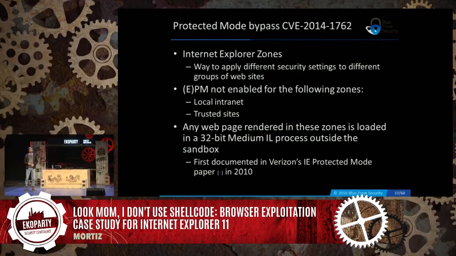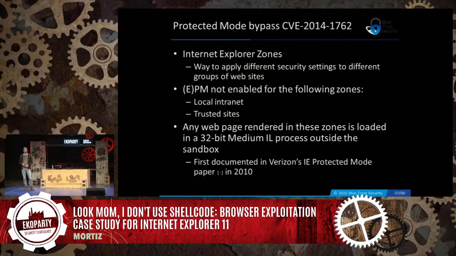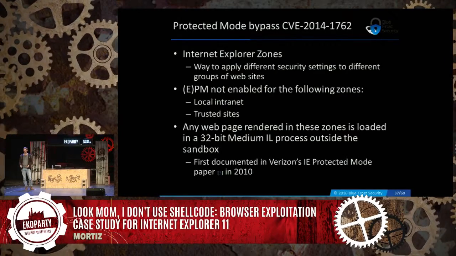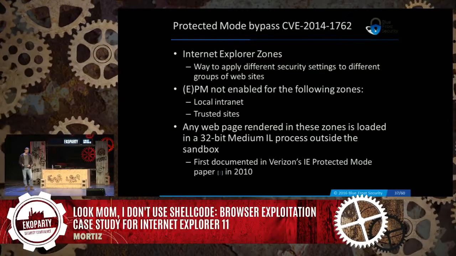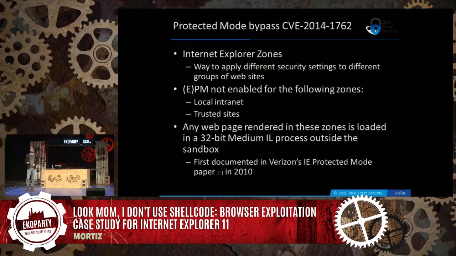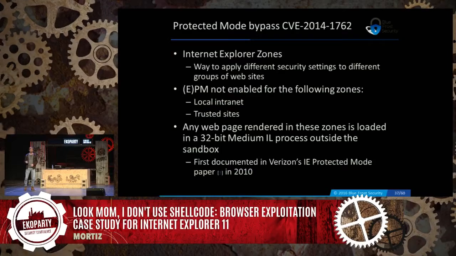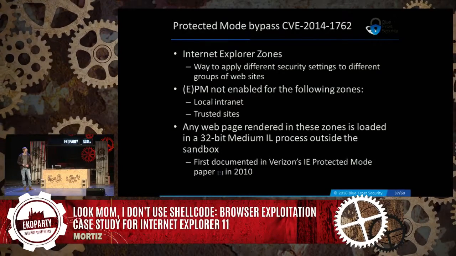Interestingly, when IE renders a page which is considered to be part of the intranet zone or the trusted sites zone, the page will be rendered outside of the sandbox, in a 32-bit process with medium integrity.